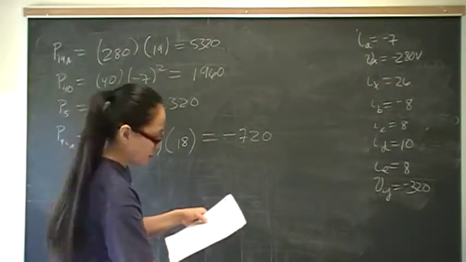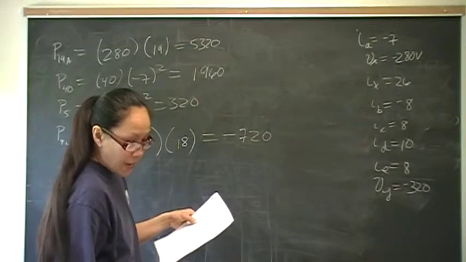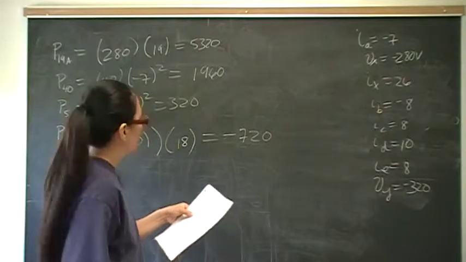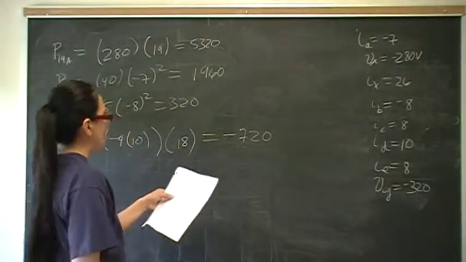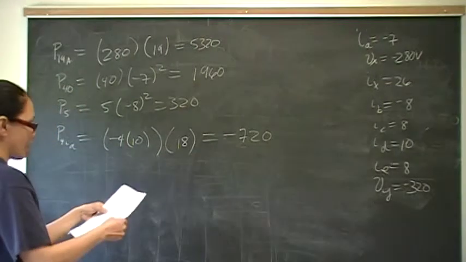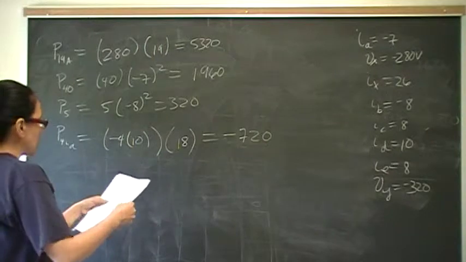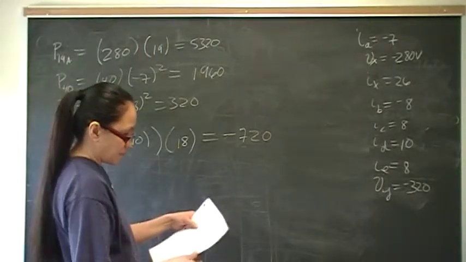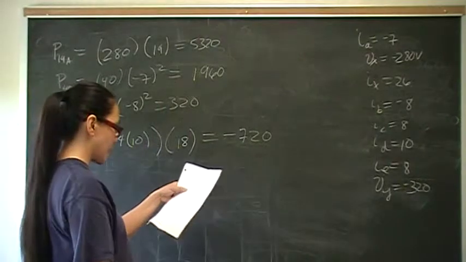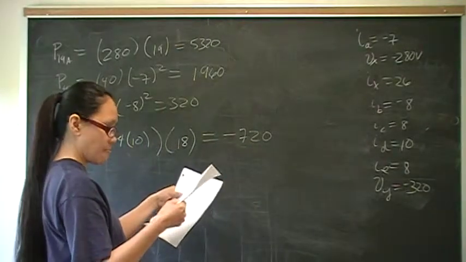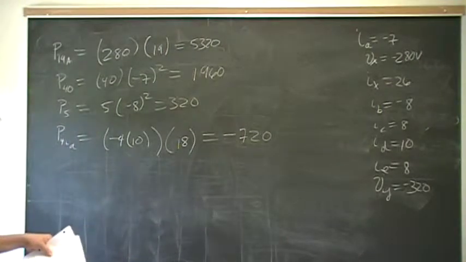Actually, hang on one second. No, the current going through it is going to be Ix minus ID. So Ix is 26 minus ID. ID is 10. P is equal to VI. What did I say Ix was?